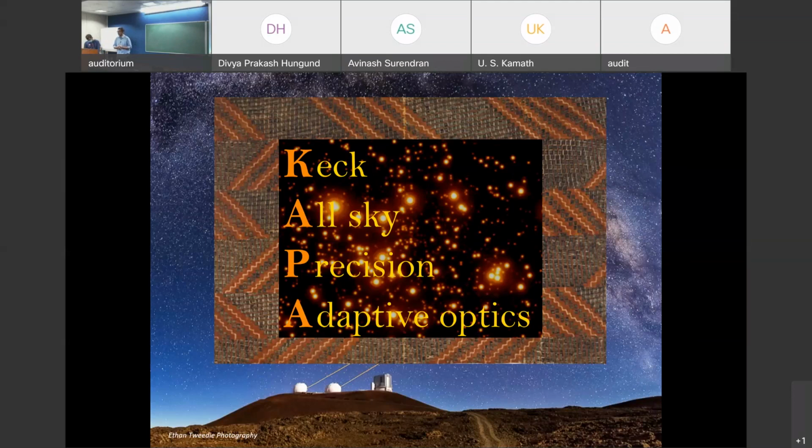It's the same frequency. The median is 1000 frames per second. This RTC can go up to even 2000 frames per second, but it's not tested at that. It's always a trade-off: you increase the speed, you reduce the number of photons coming to the wavefront sensor, and you reduce the accuracy of the wavefront sensing.